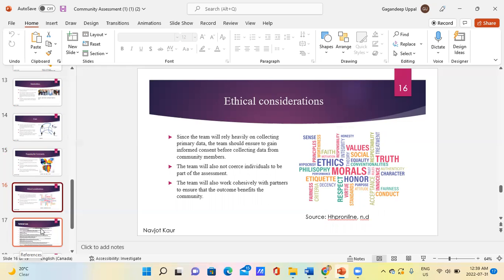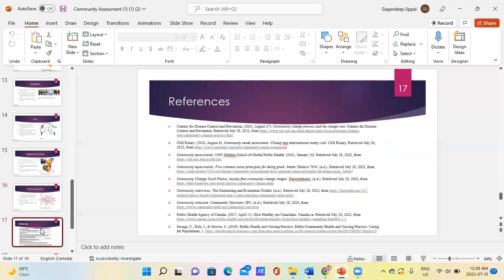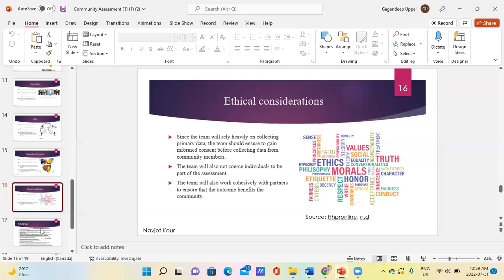Since the team will rely heavily on collecting primary data, the team should ensure to gain informed consent before collecting data from community members. As we all know, informed consent is one of the basic and most important steps while we are delivering care to the client. For non-invasive procedures, we have to respect their consent.